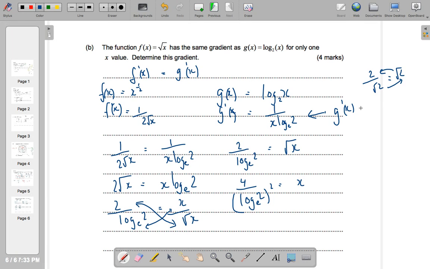In fact, I'm actually going to put it into the f dash x, beg your pardon. So let's just undo a bit here. Doesn't matter because the gradients are the same. So f dash x equals 1 over 2 root x.